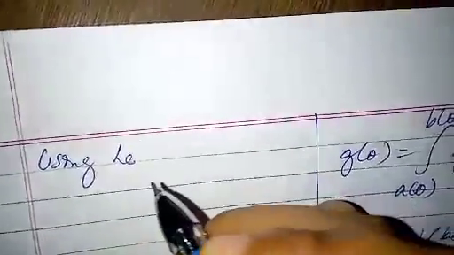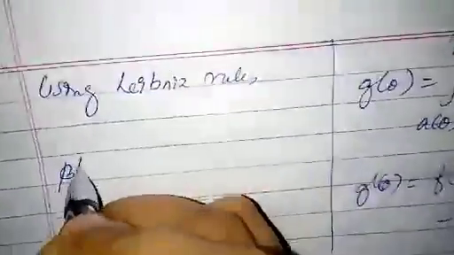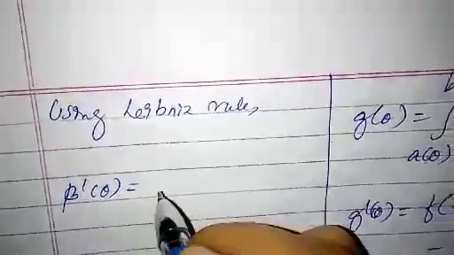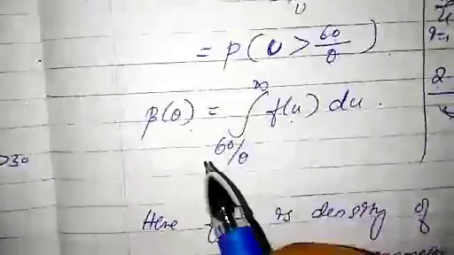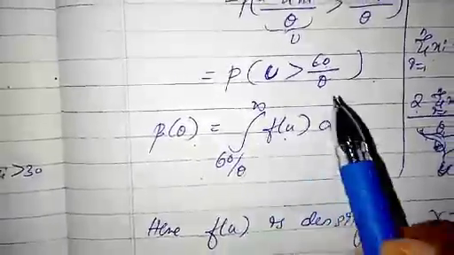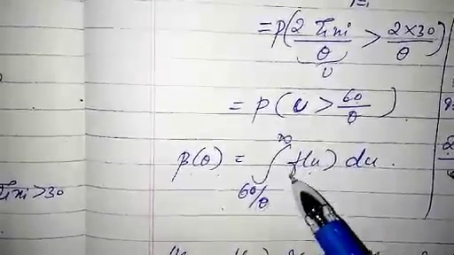Then in this problem, using Leibniz rule, beta dash of theta equals, where beta of theta is the integral from 60 divided by theta to infinity of f of u du.